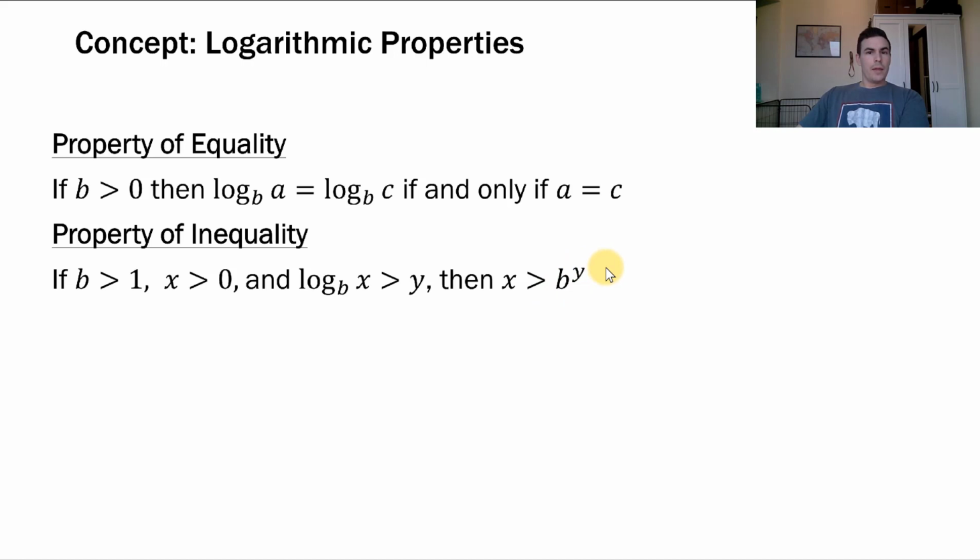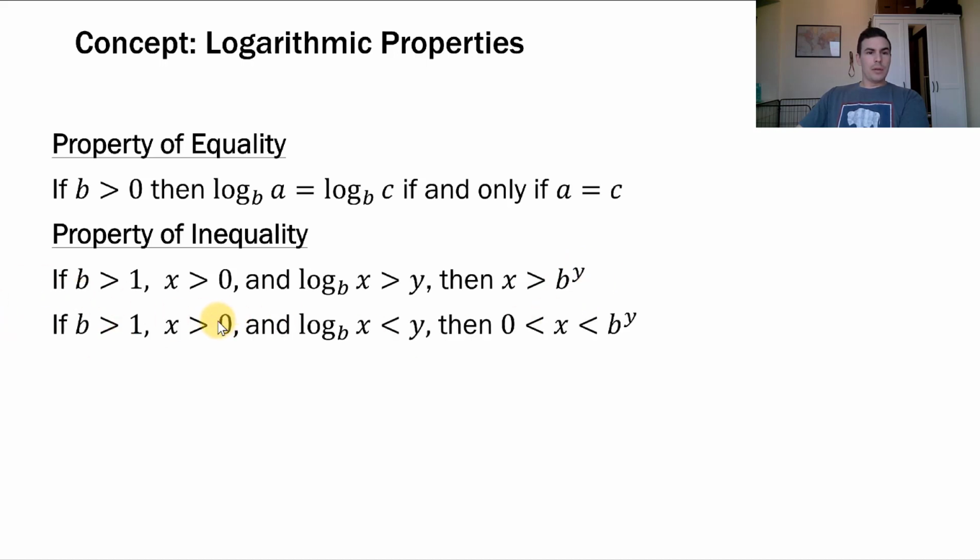And if I have, again, base b with an x greater than 0 and log base b of x is less than y, then my x is going to be in between 0 and b raised to the y power. So now I've got this inequality solution that says x is in between 0 and this base b raised to the y.